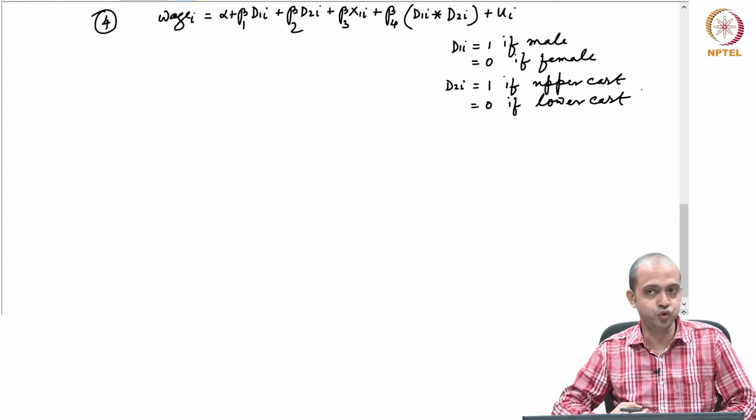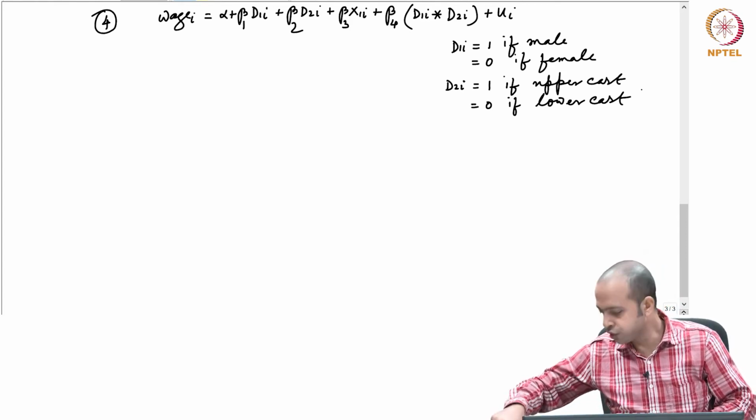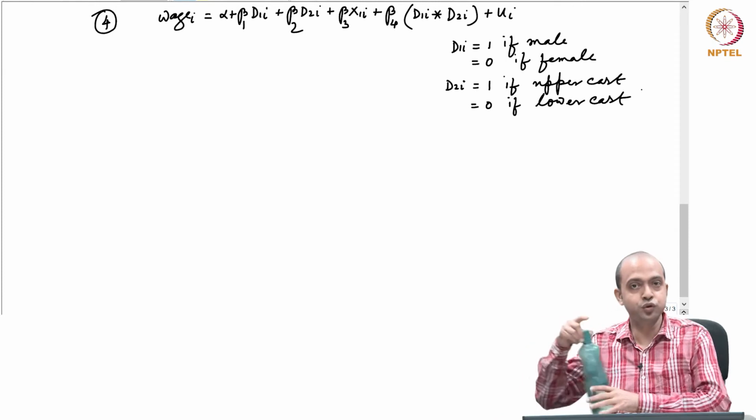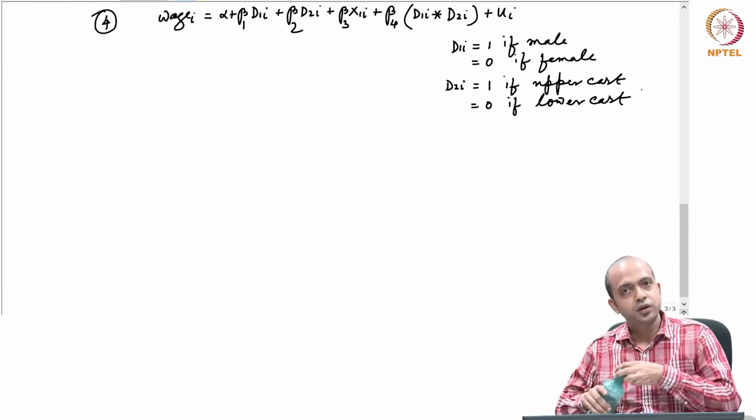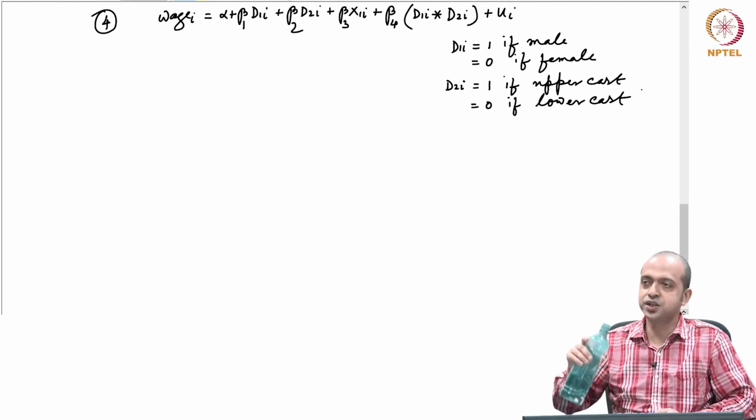That is why we assume that the gender gap for the upper caste is significantly lower than the gender gap that prevails in the lower caste. That is our hypothesis, may or may not be true. We have to estimate it using data and look at the significance and sign.